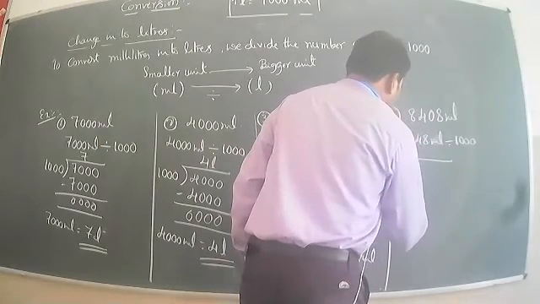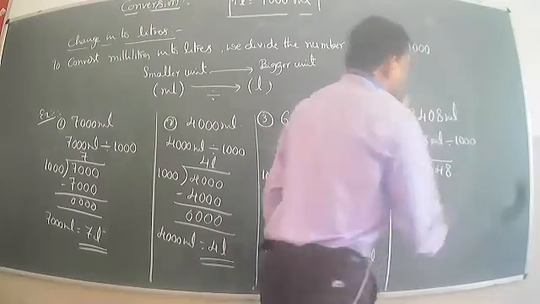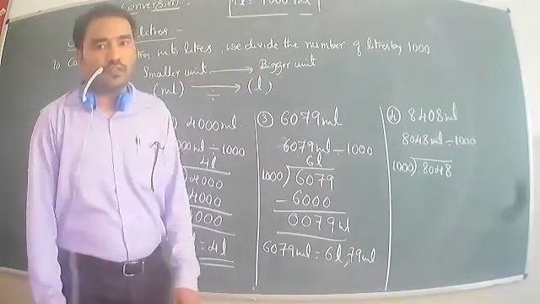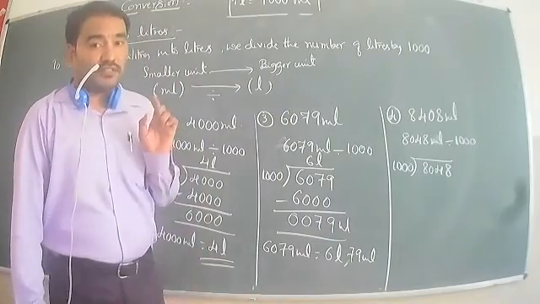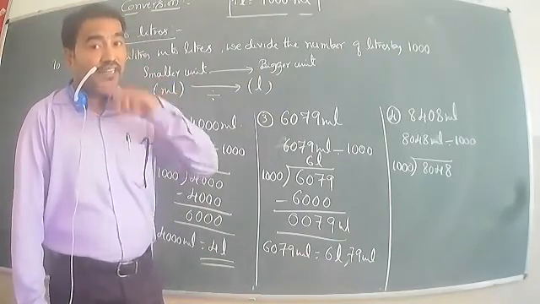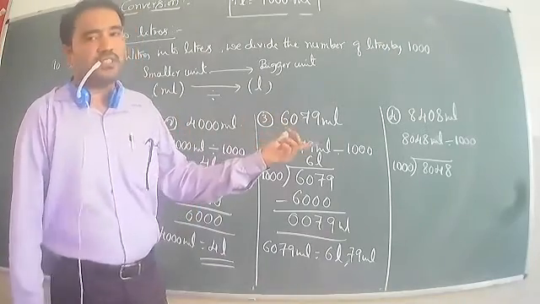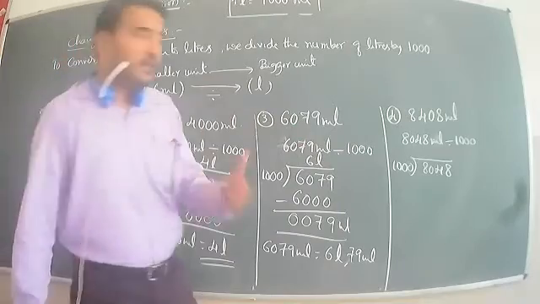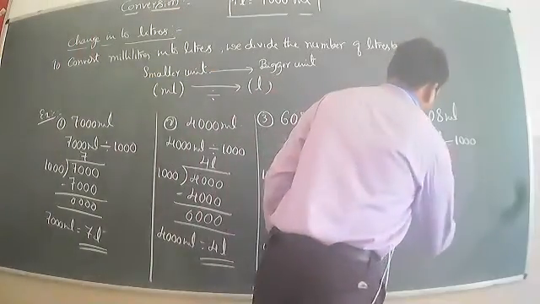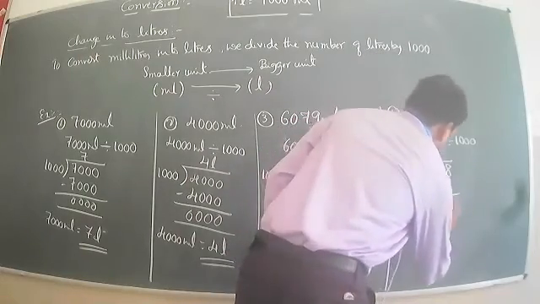The divisor is 1000 and the dividend is 8408. 1000 fives are 5000, 1000 sixes are 6000, 1000 sevens are 7000, 1000 eights are 8000. 1000 nines are 9000, which is bigger because it is 8000 only. So we take 1000 eights are 8000.